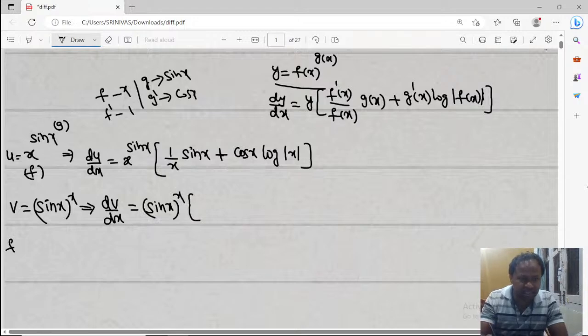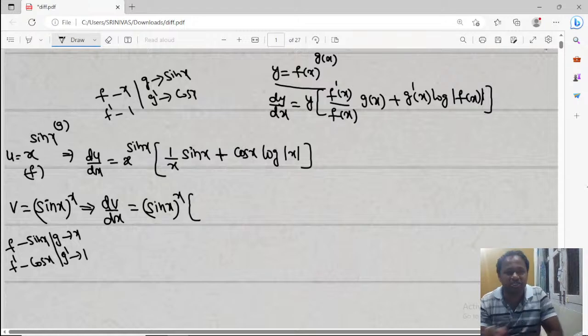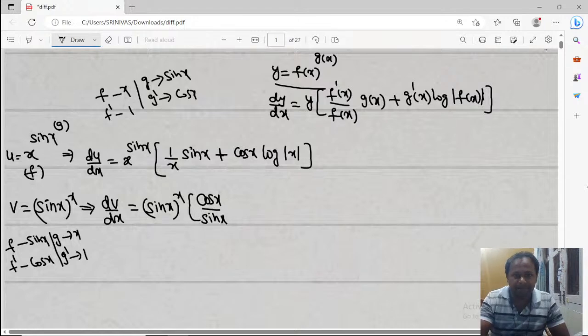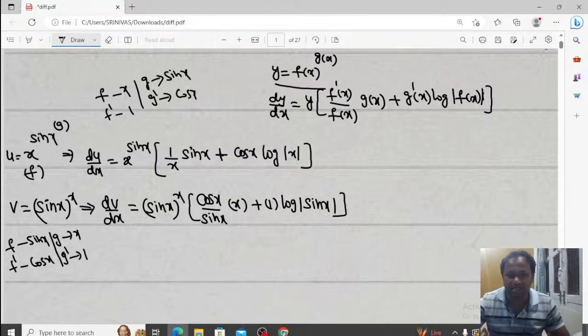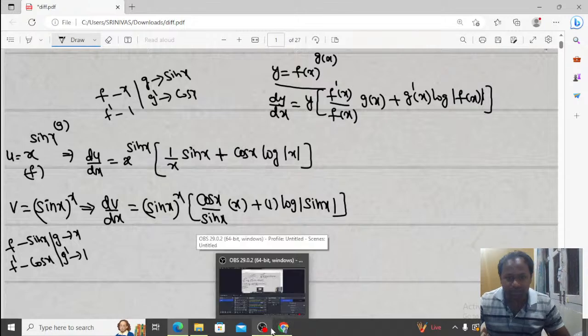For this, f is sin x, f dash is cos x, g is x, g dash is 1. So f dash of x is cos x divided by sin x into g of x, which is x, plus g dash of x, which is 1, into log mod f of x, which is log sin x. Okay, so this is the condition.